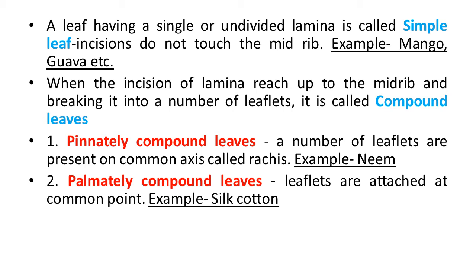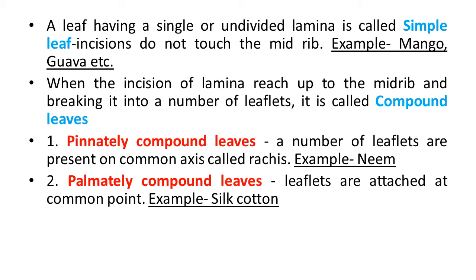A compound leaf is further classified into two types, pinnately compound leaves and palmately compound leaves. In the first type, pinnately compound leaves, the arrangement of leaflets on the main axis, the rachis, is feather shaped. This feather-shaped arrangement is observed in many plants surrounding us, and one example is neem.